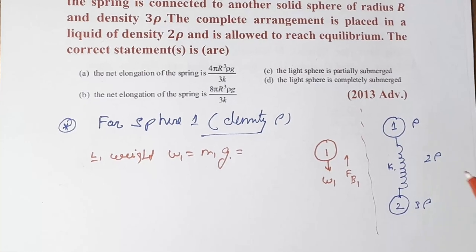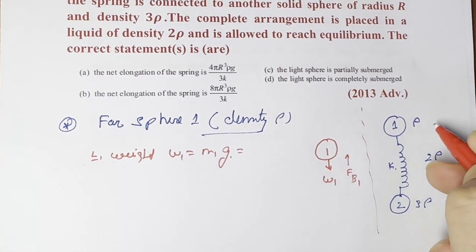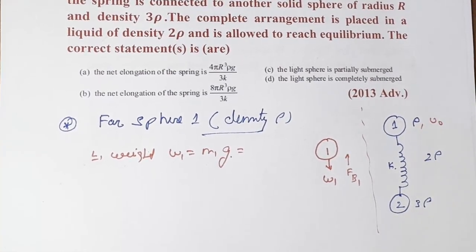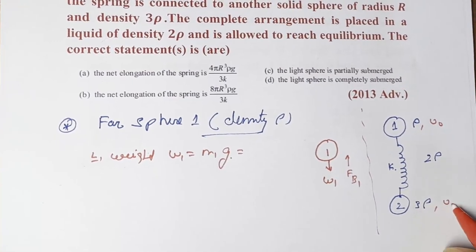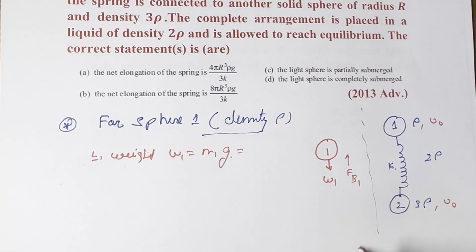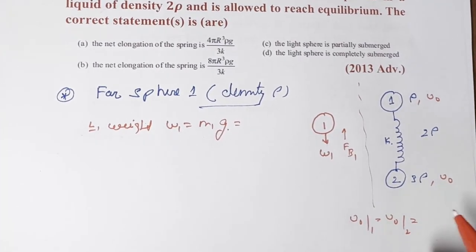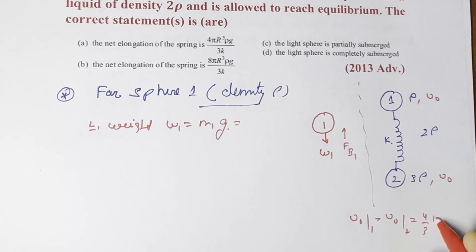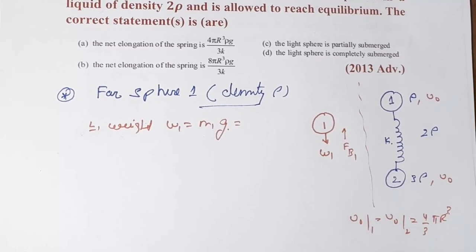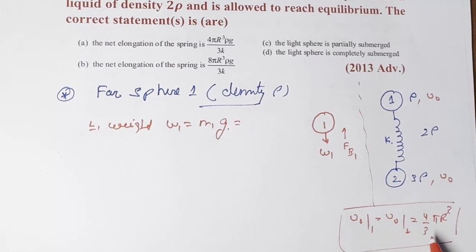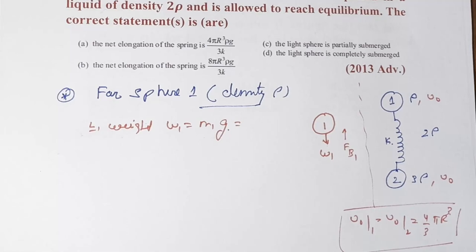As both have radius r, let us say each sphere has a volume V0. V0 for sphere 1 will be equal to V0 for sphere 2, and its value is 4 by 3 pi r cube. So the volume of both spheres is 4 by 3 pi r cube.